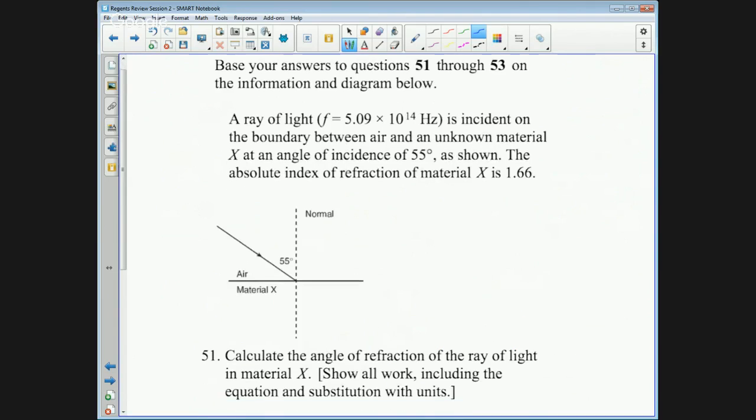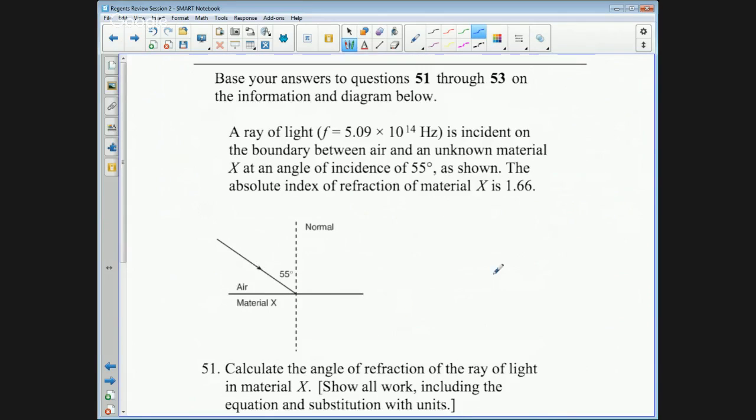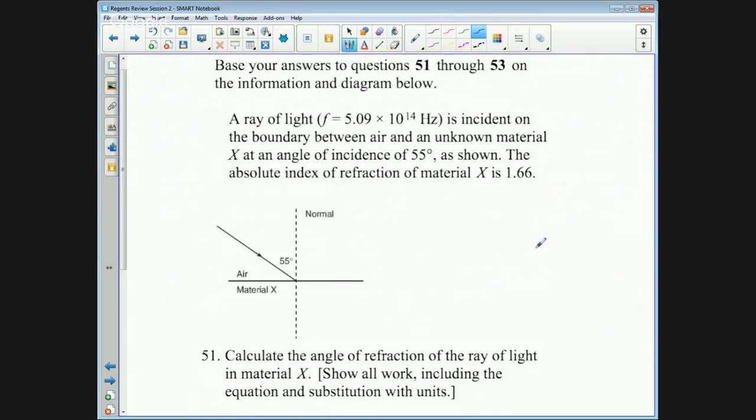For the next one, you need a protractor. I don't have a protractor, so I'm going to do some estimations. For 51, it says a ray of light is incident on the boundary between air and an unknown material, X, at an angle of incidence of 55 degrees as shown.